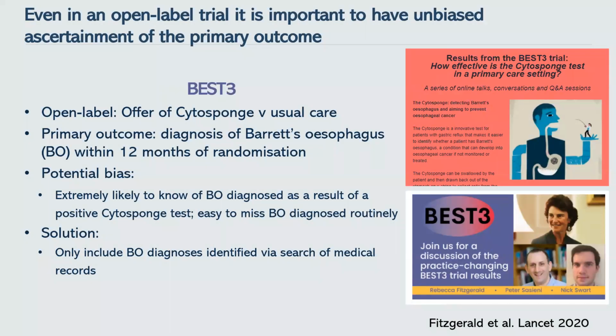And we only used Barrett's esophagus that was found through those systematic searches and then confirmed. Pleased to say there was only one Barrett's esophagus that we knew about that we couldn't include in the study that way. But it meant that we had much greater confidence in the results, that this wasn't just a question of knowing about all the cases of Barrett's esophagus in one arm and not knowing about them in the other. This really was all those that were recorded through endoscopy departments or in GP records.